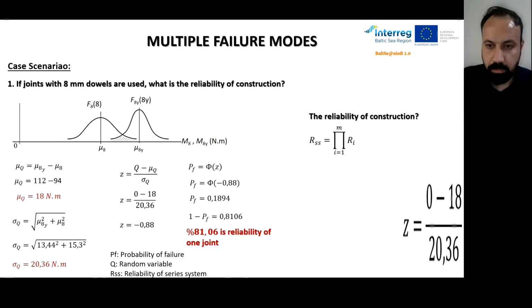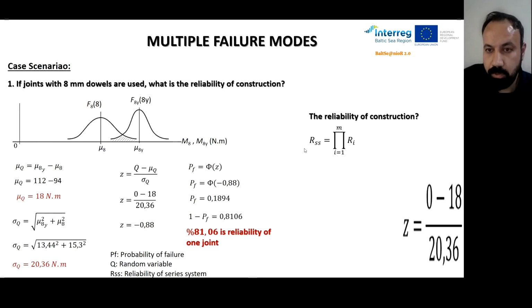Let's recall that in the reliability of construction, I am using a series system. I have six corner joints, and they are linked to each other in series. The joints are in different corners, which means they form a series system.